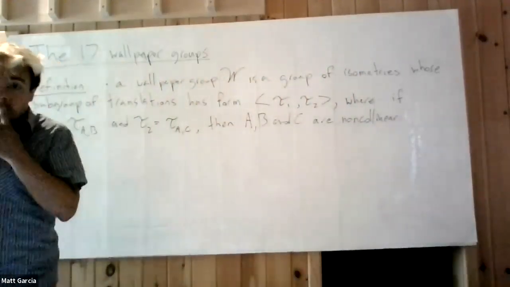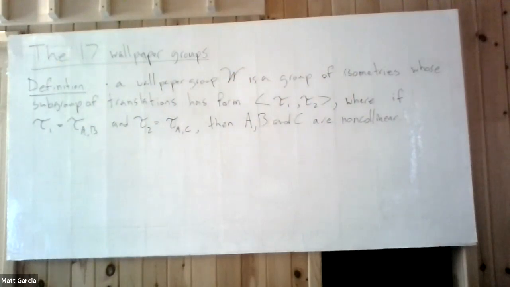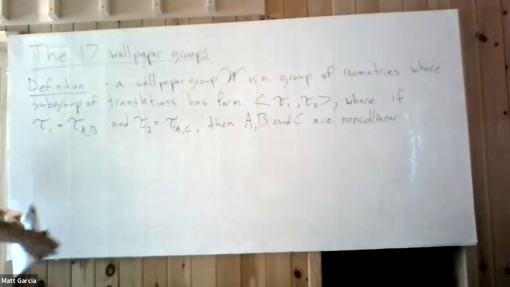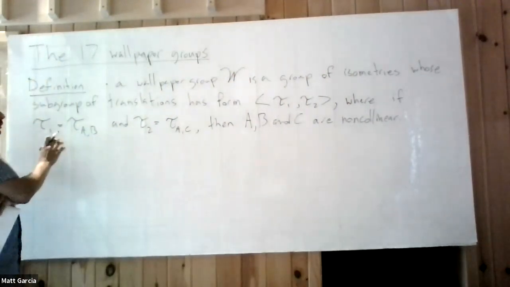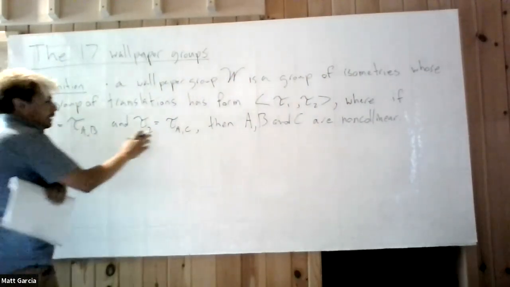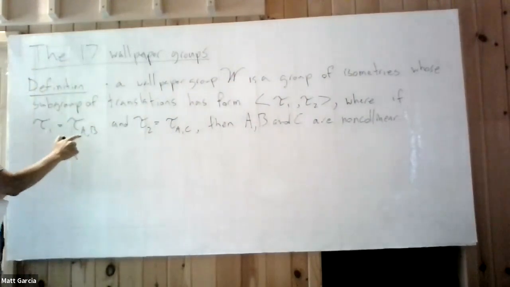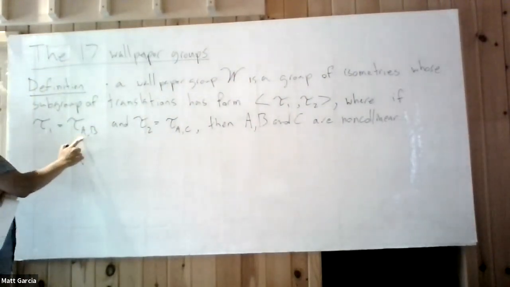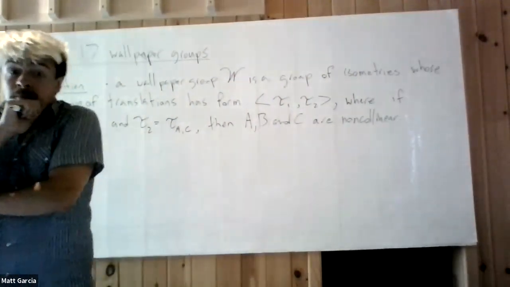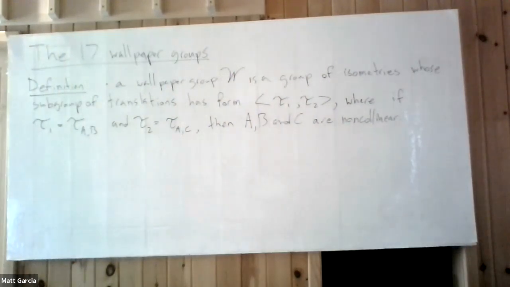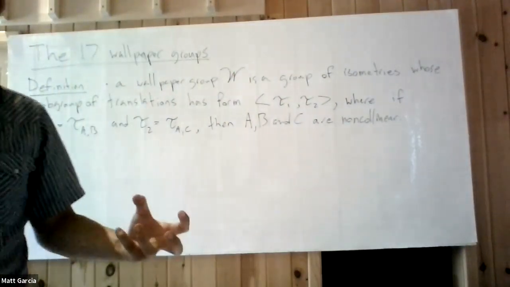Okay, so first of all, this is a choice to write tau 1 and tau 2 starting at the same point A, right? Now remember, a translation is uniquely determined by its translation vector.